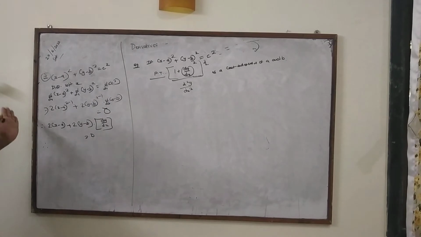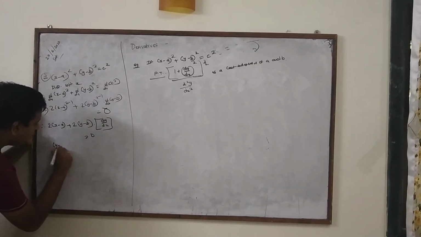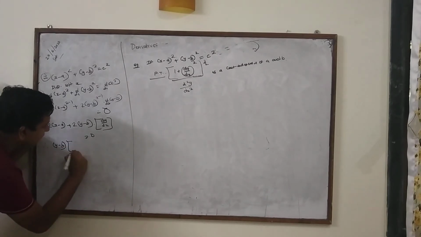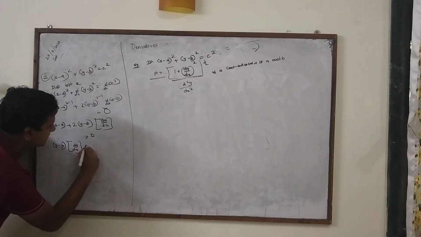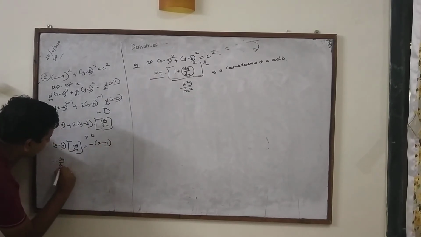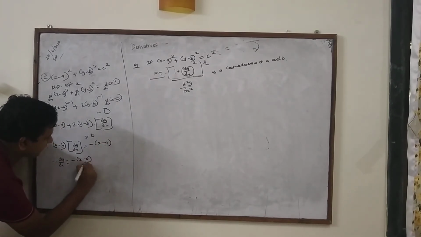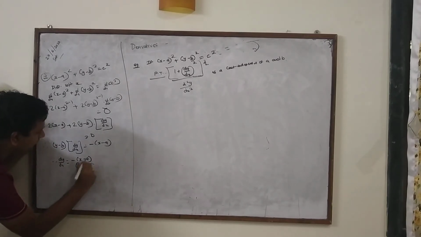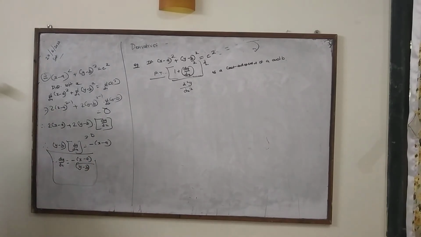If you take 2 obviously goes off. If you take x minus a on the RHS, (y minus b) into dy by dx is equal to negative (x minus a). dy by dx is essentially negative (x minus a) upon (y minus b). That is part 1 of your sum.